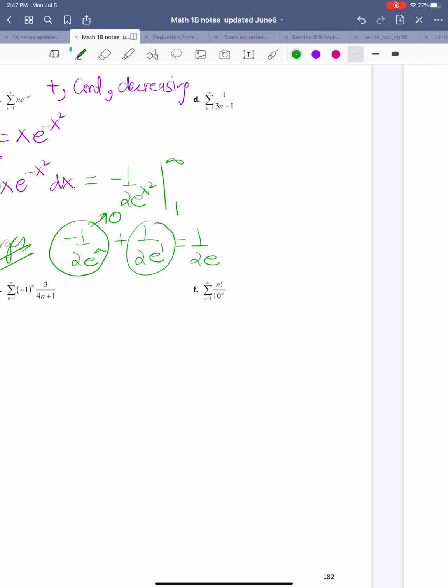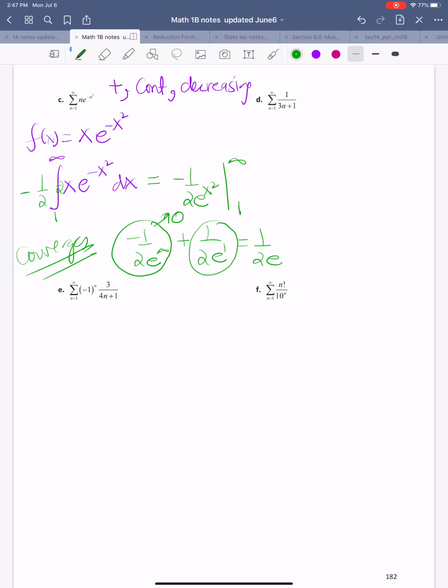Let's check out our next example. Next series, 1 over (3n plus 1). This one we can easily do with the comparison test. We already know that the summation from n equals 1 to infinity of 1 over 3n is a divergent p-series because my p value is equal to 1 here.